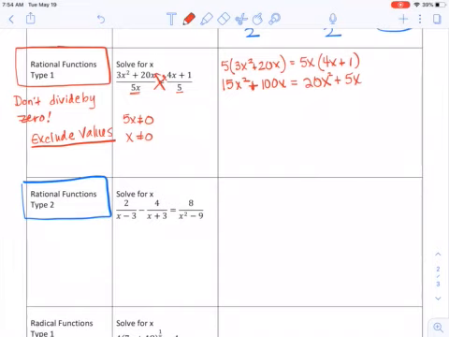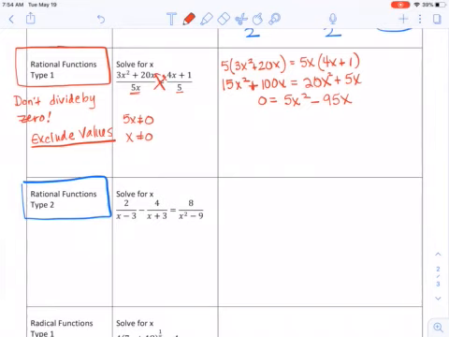So I'm going to take 15x squared away from both sides, and I'm going to take 100x away from both sides. It doesn't really matter which way, but again, you guys have known me long enough to know that I'm going to try and keep the x squareds positive. So I'll get 0 on this side, and 5x squared minus 95x.